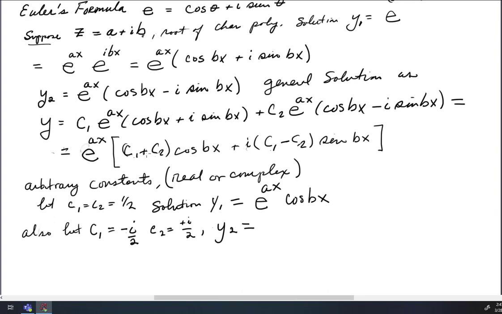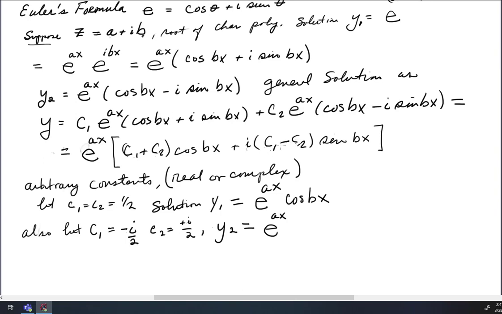So these are going to add out. And so I'm going to have an e to the ax out there in front, of course, e to the ax. But this is going to be 0. And what am I going to have here? I'm going to have negative i by 2. Just work inside the parentheses. Negative i by 2 minus i by 2.